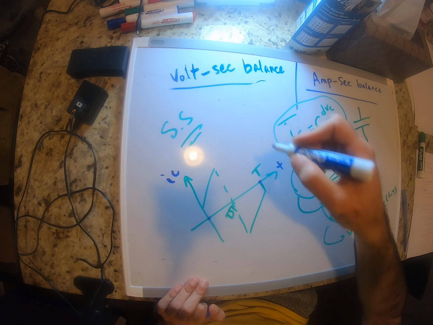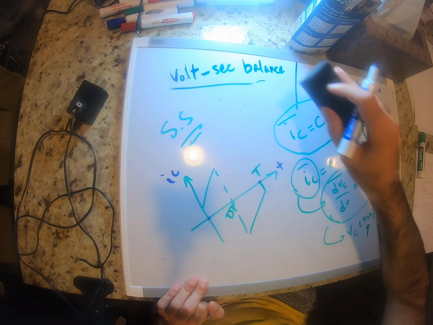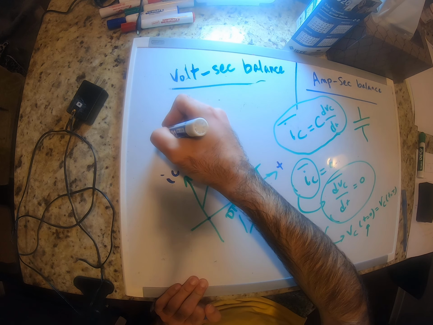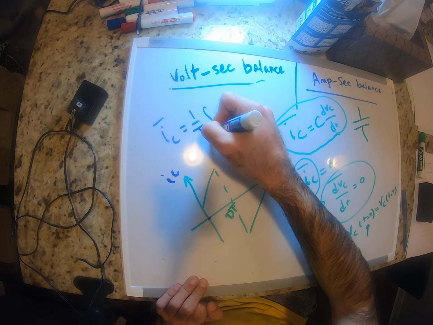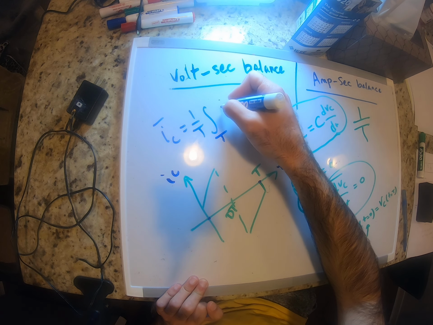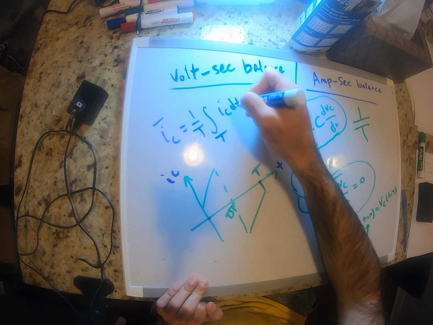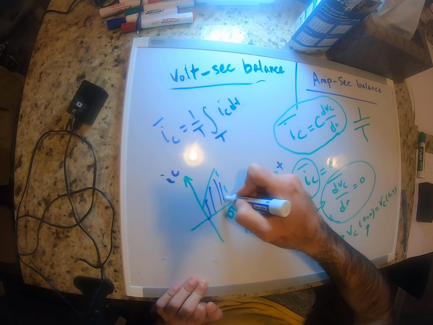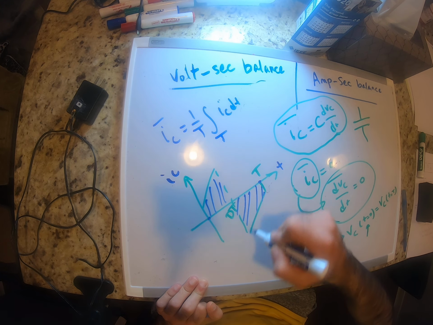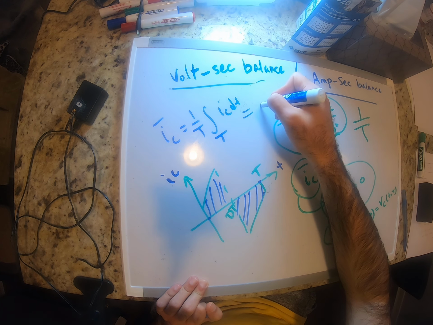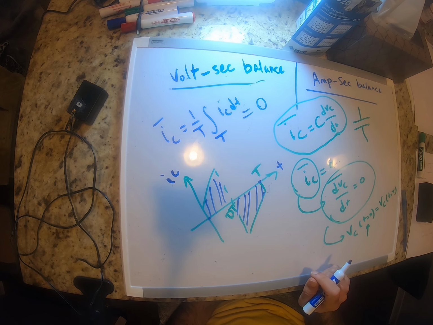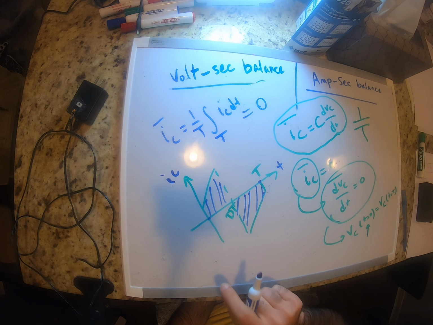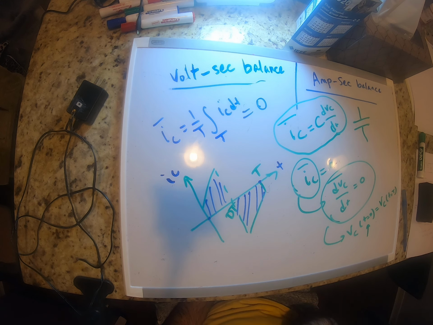So the average of IC I can write as 1 over T integral over one period IC dt. Right? So it means that this area has to be equal to this area. So the net area of the current over one period has to be equal to 0.